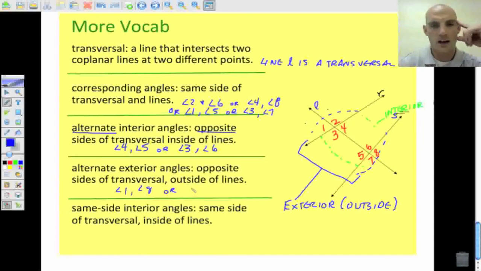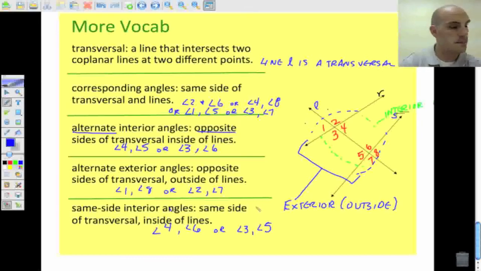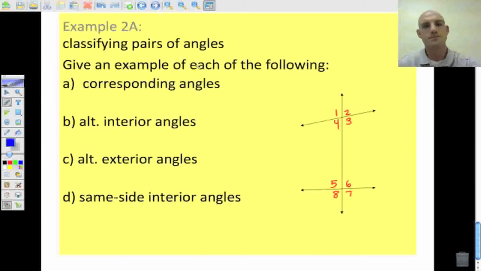Or we could say angle 2 and angle 7. Okay, because they're outside and they're alternate. Same side interior would be like angle 4 and angle 6. Or we could say angle 3 and angle 5. Okay? Next section we're going to learn how these things are related, but we're saying that this is what it is for right now.